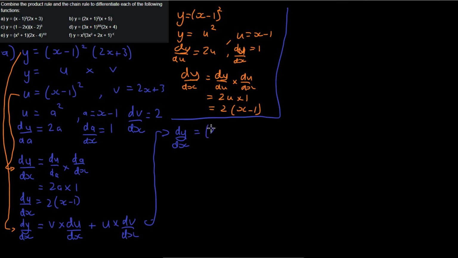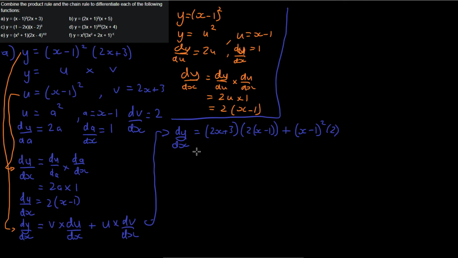Whenever you're substituting, always remember to use brackets. That way you can remember to multiply everything, and it helps you keep track of any negative signs. du/dx is here, so we've got 2(x minus 1). Then we've got plus u. u is (x minus 1) in brackets squared, and dv/dx is 2.